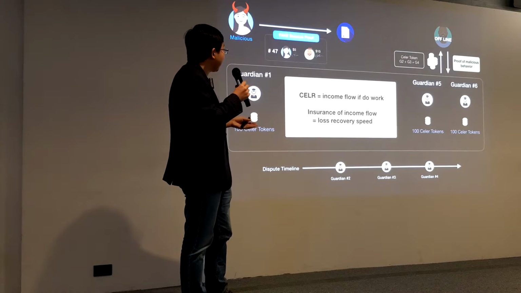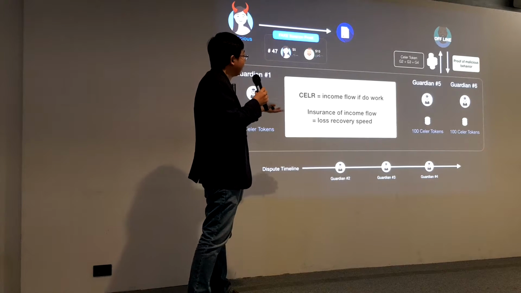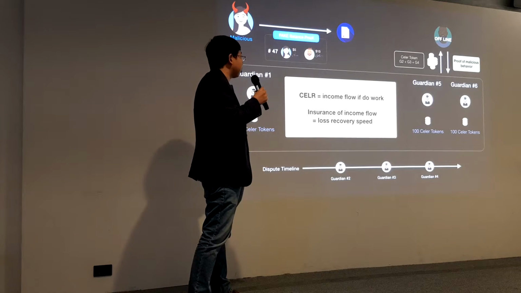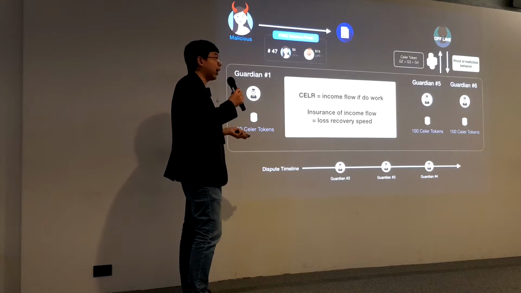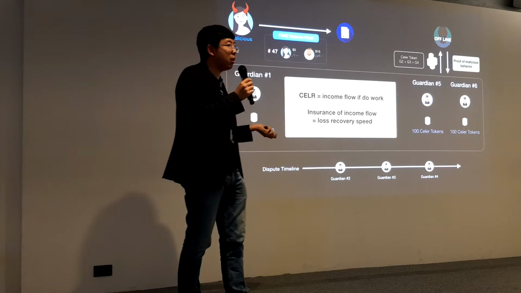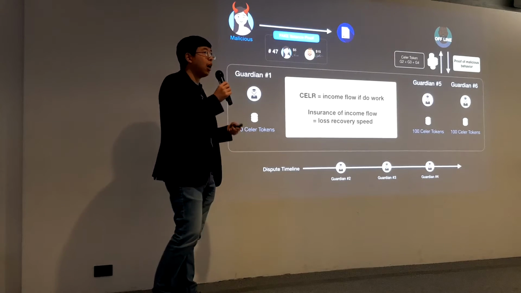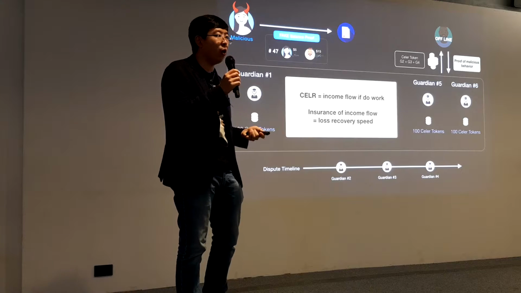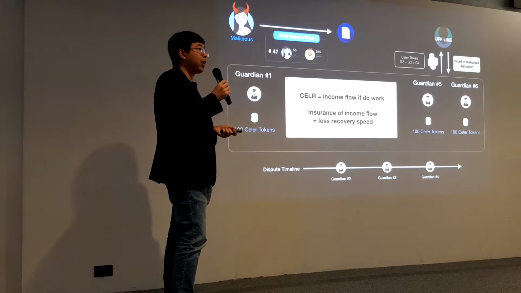And basically the potential loss will be recovered faster, because Bob can stake his own Celer token into the system and start to earn income flow as well. So now it creates an insurance not against a certain hard and fixed number, but against a certain kind of income flow. And how each individual values the income flow can be drastically different, and that opens a very flexible market dynamic here.